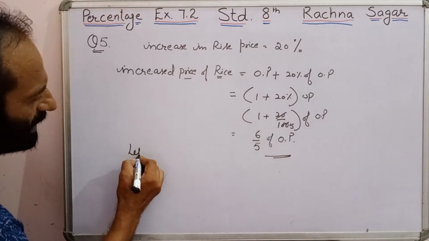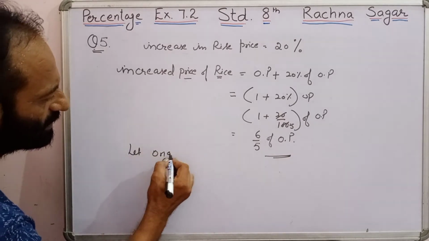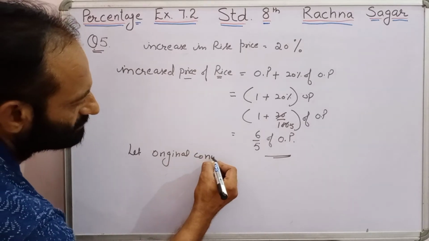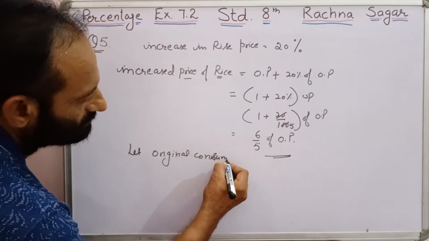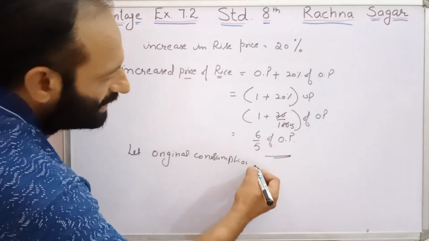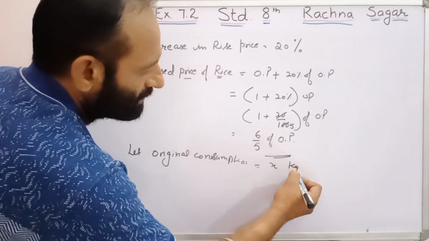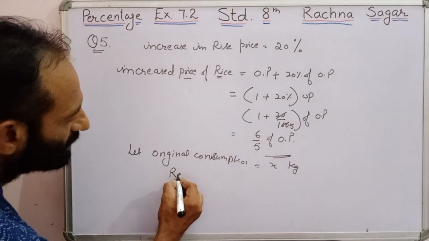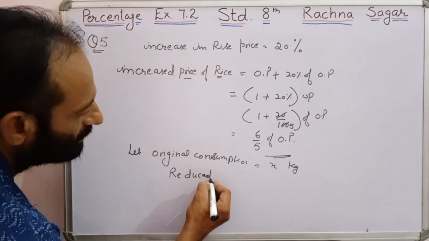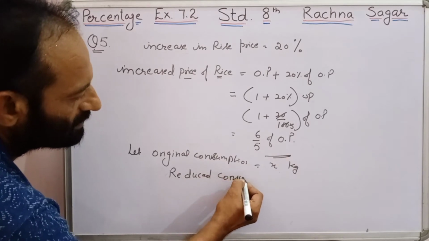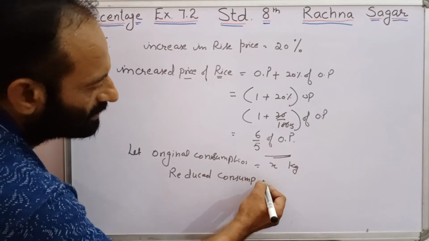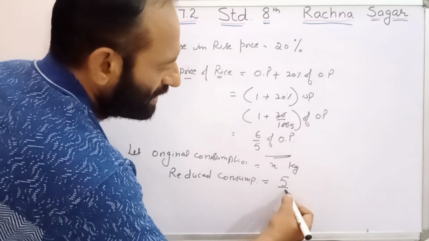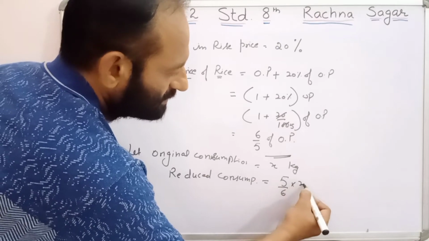Let the original consumption of the rice be X kg. Now to keep the expenditure same, reduced consumption should be 5 by 6 times of the original consumption, that is 5 by 6 times of X.